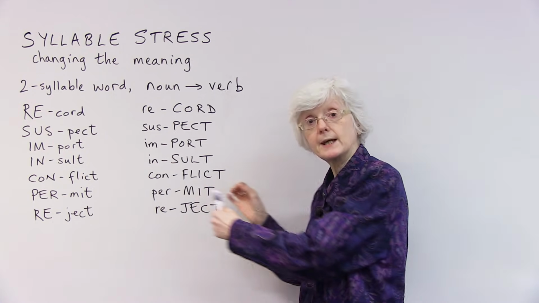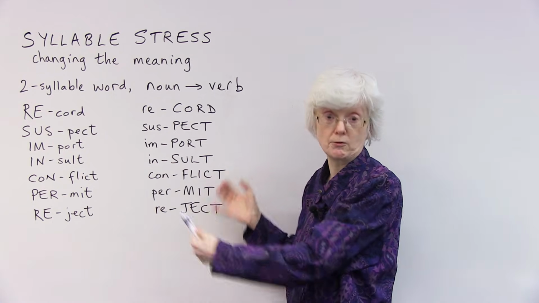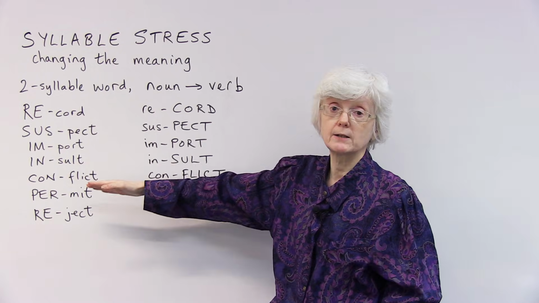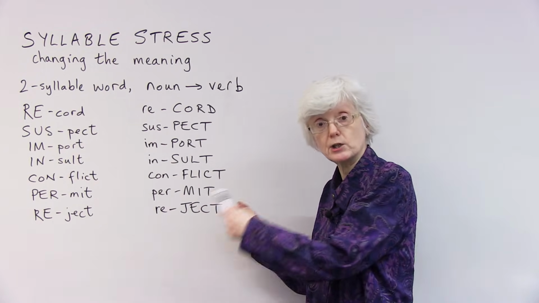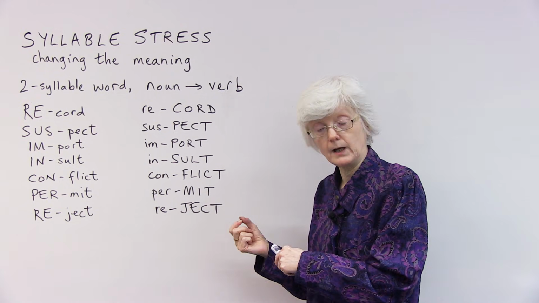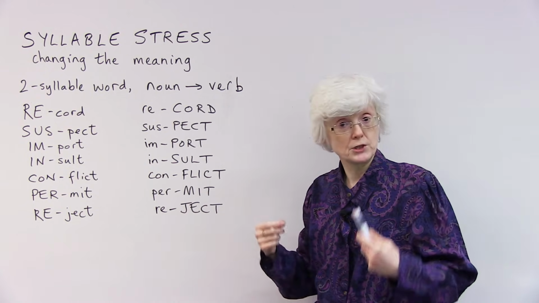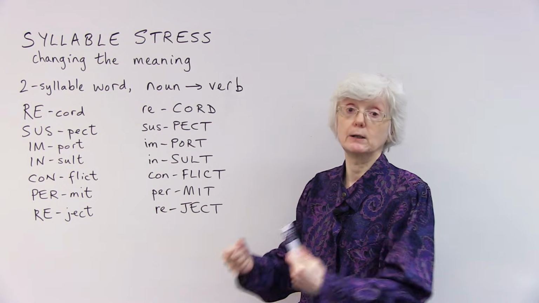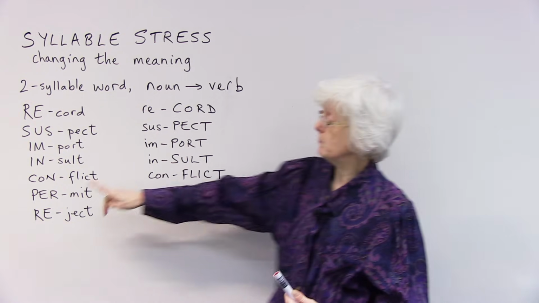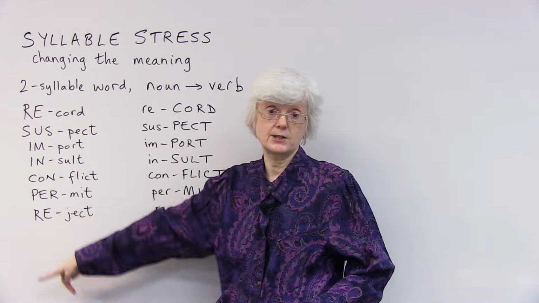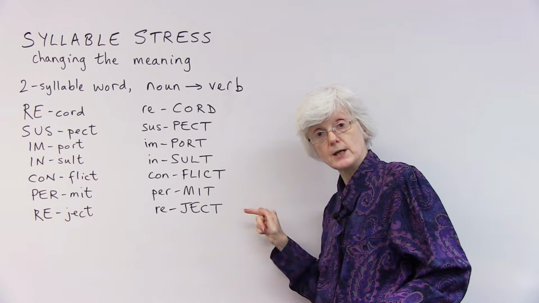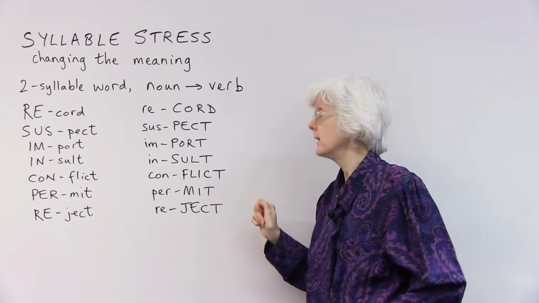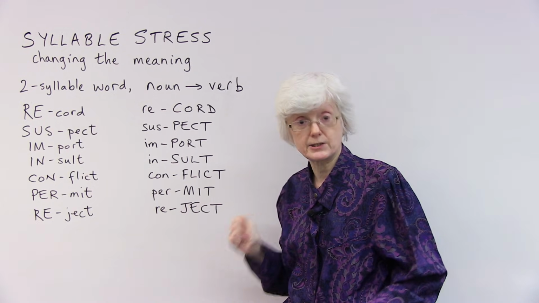The general meaning is the same with this group of words, but you're changing from noun to verb when you're changing the stress. So remember, it's always the first syllable stressed is the noun, second syllable stressed is the verb. Let's have a look at the examples here.